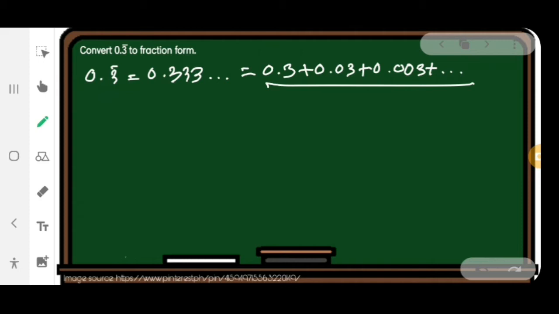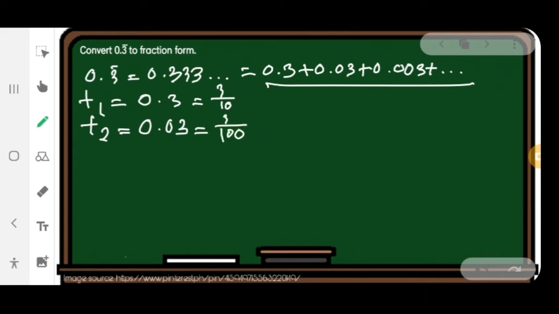Now let us identify the given values. So we have t sub 1, which is equal to 0.3. T sub 2 is equal to 0.03. By the way, 0.3 is equal to 3 over 10, and 0.03 is equal to 3 over 100. Now let us determine the common ratio. So r is equal to t sub 2 divided by t sub 1.